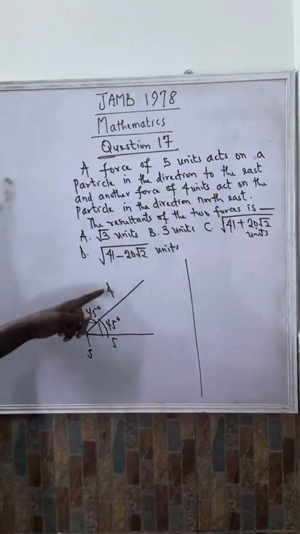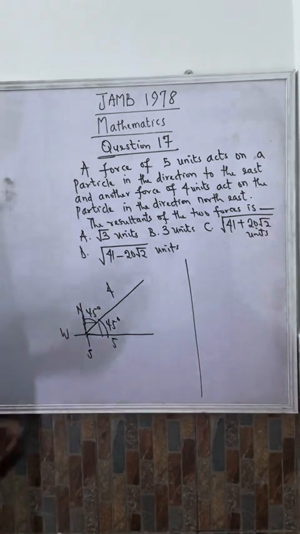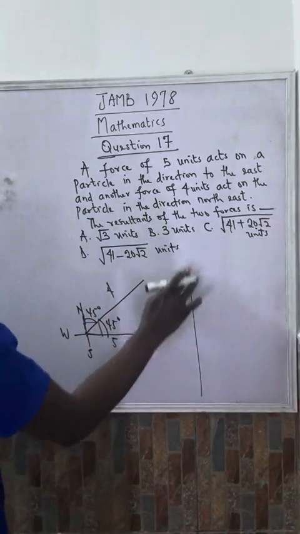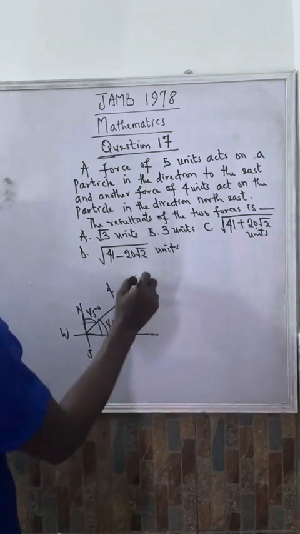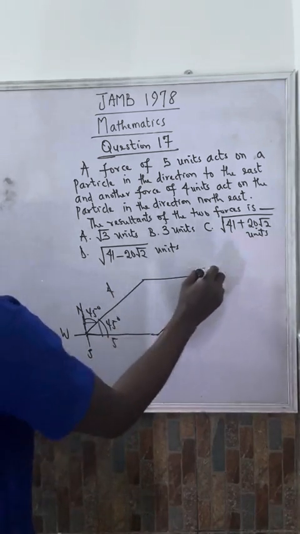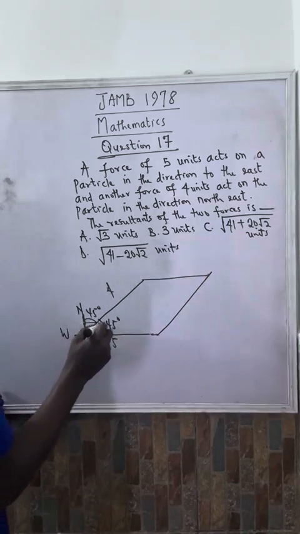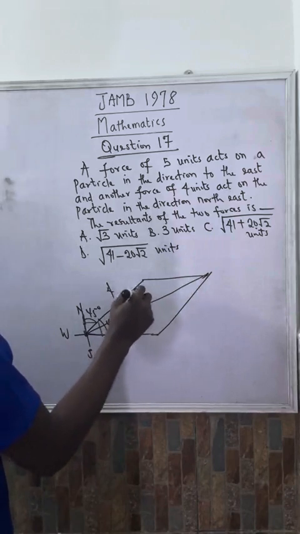Okay, so we should just use the cosine rule to get our answer. If I complete this parallelogram, my resultant will come from the point of action, in the middle. I will have my resultant here.